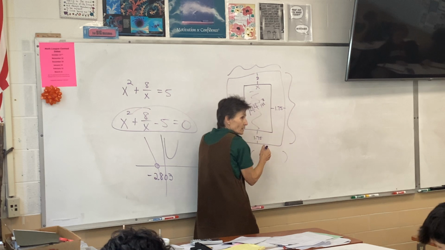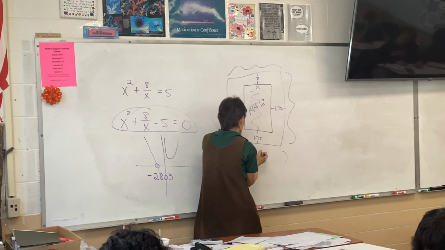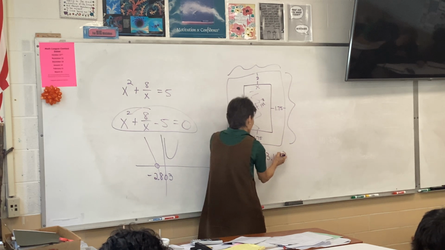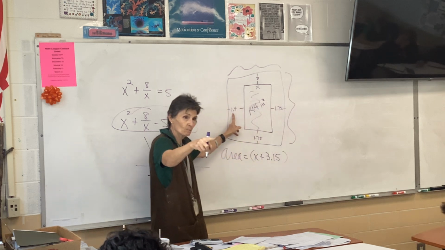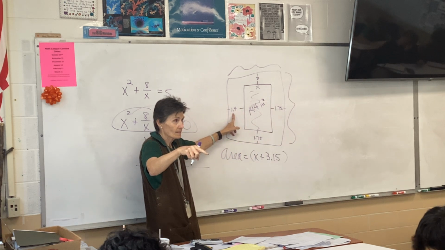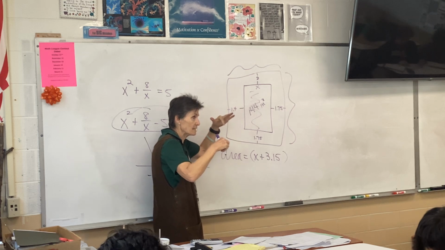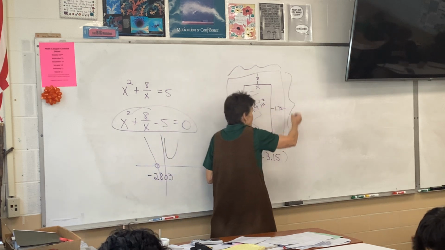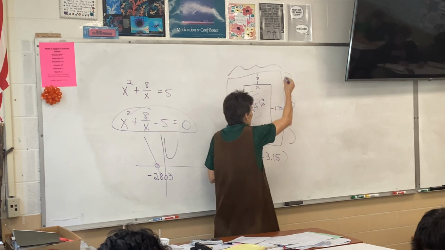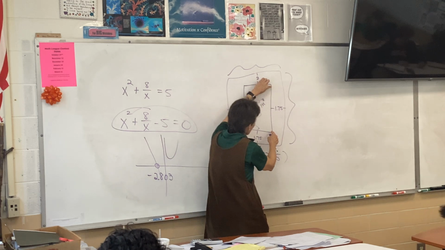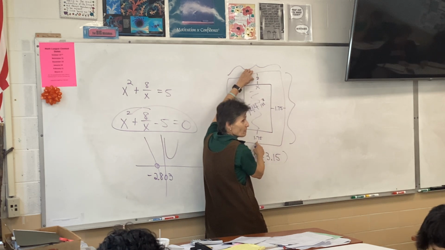So what is it? 3.15, so x plus 3.15. Everybody with me here? Now, here's where you have to put your thinking cap on. Well, this is going to be that plus 3.75.